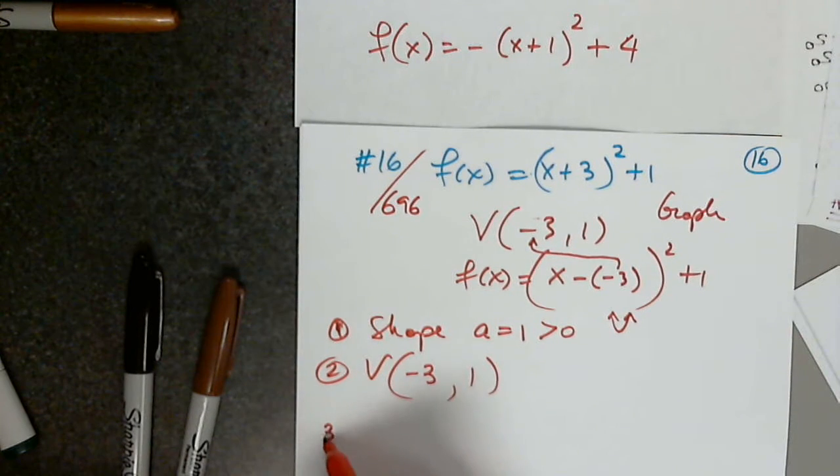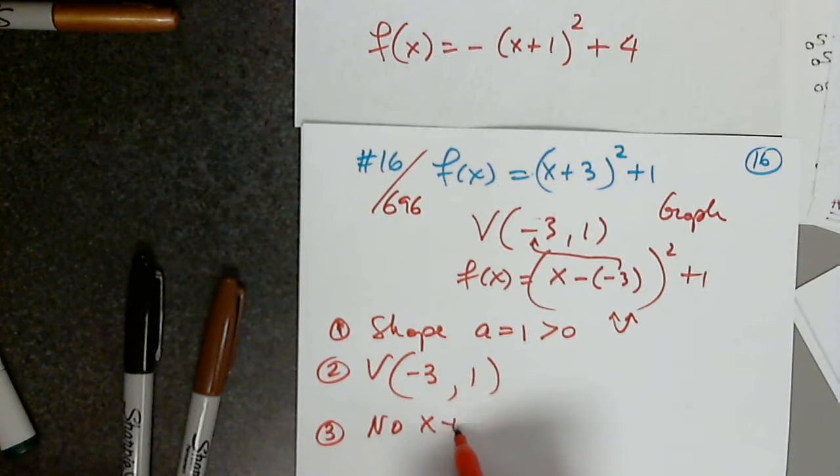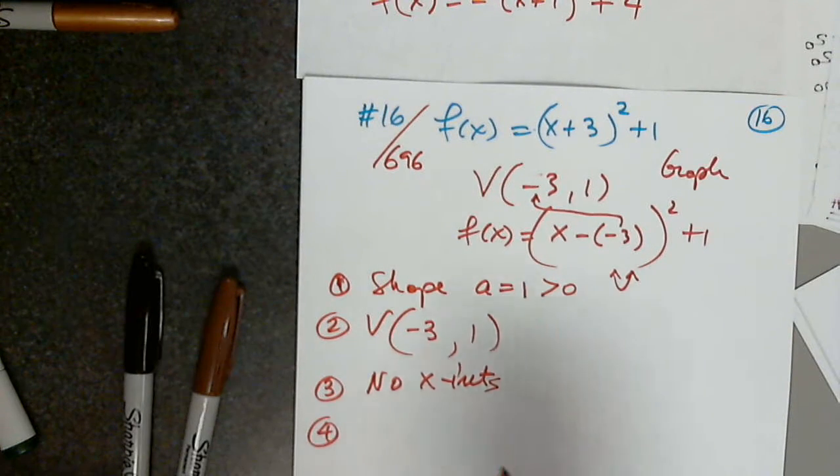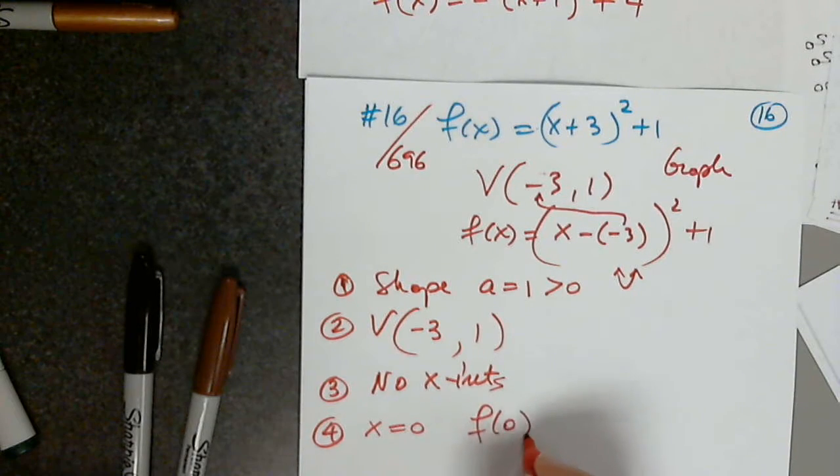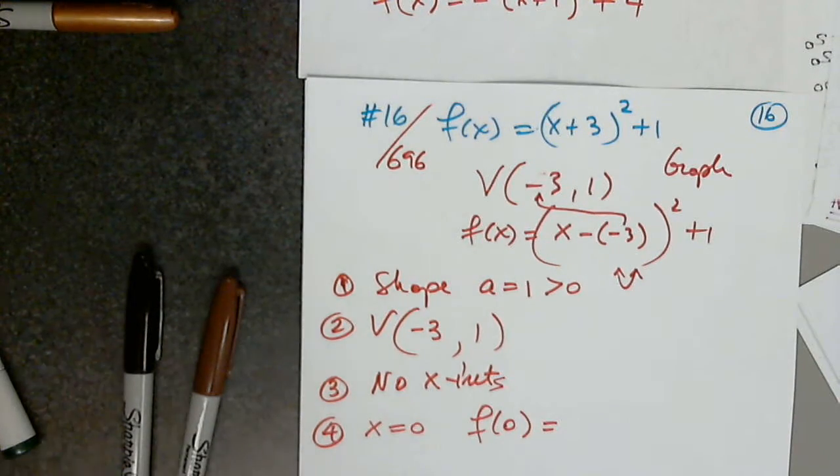Negative 3, 1. Number 3, no x-intercepts. Number 4. Now, number 4 is slightly more difficult. I have to make x equals 0, so I have to find f of 0. It was easier before, but here I have to calculate.